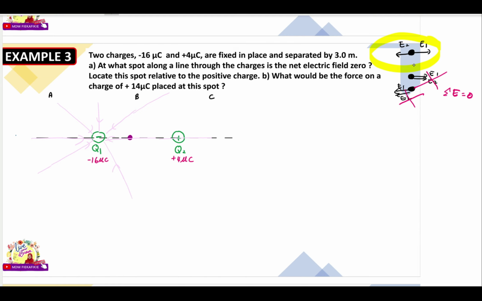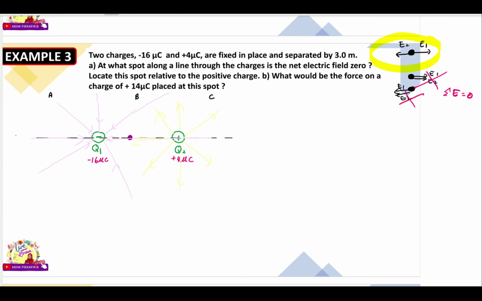Awak jangan bayangkan dia kecil, dia besar. Okay, feel kan. Okay, and then untuk positive charge, okay, dia adalah ini, negative outward. Okay, so dia akan in this direction lah juga.